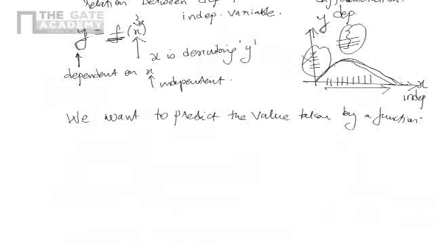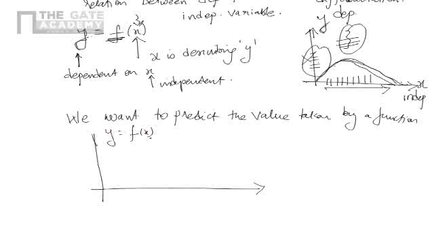So what do we mean? Say for example, I have a graph of a function y equal to f of x, and it looks like this. This is the function.